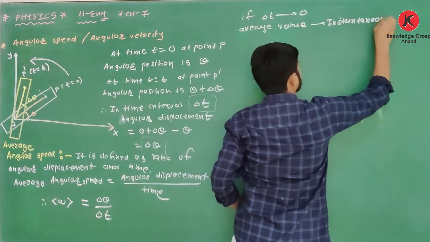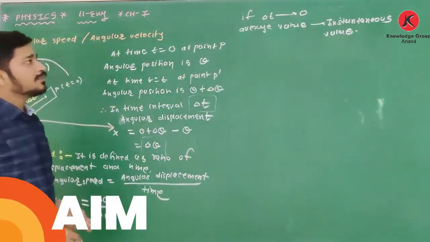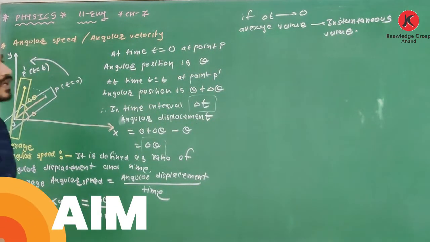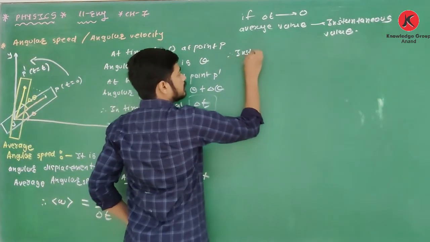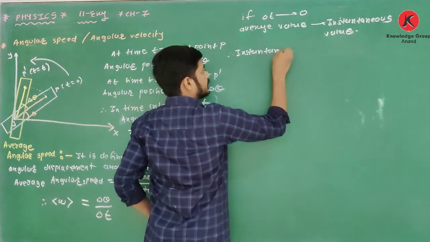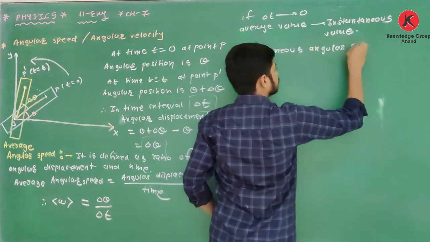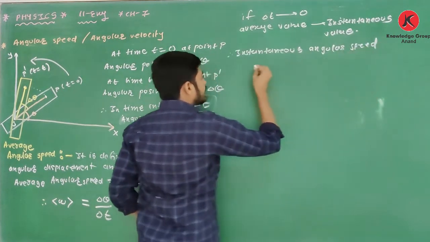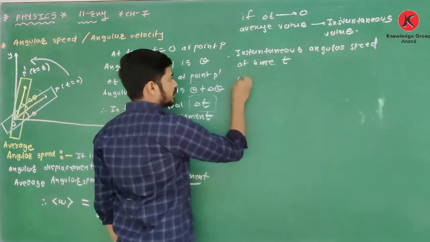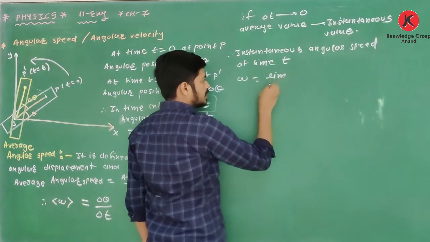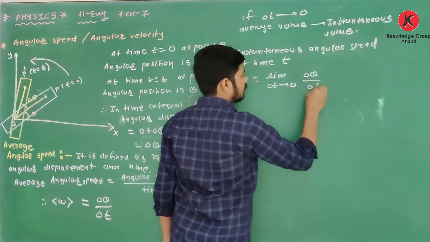Therefore, instantaneous angular speed at time t is omega equal to limit delta t tends to 0 of delta theta upon delta t.